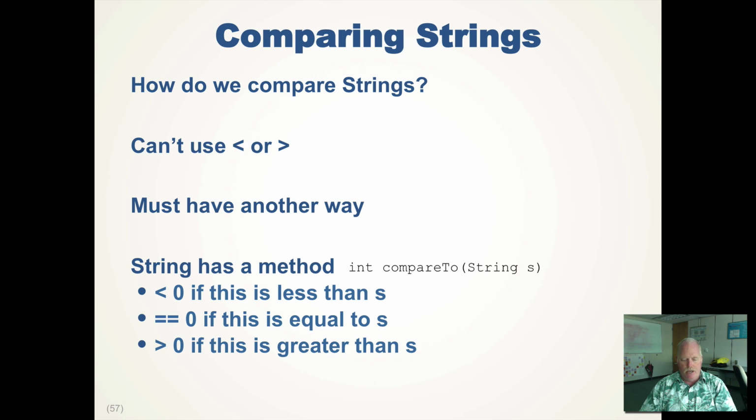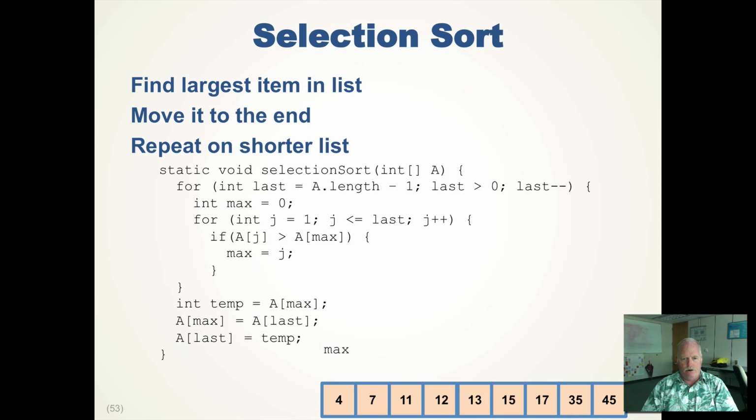And we could imagine doing the same thing for our sort here, where instead of doing the if a sub j is greater than, if a was an array of strings, you would say a sub j dot compare_to a sub max is greater than 0. That means the first one's greater than the second one.